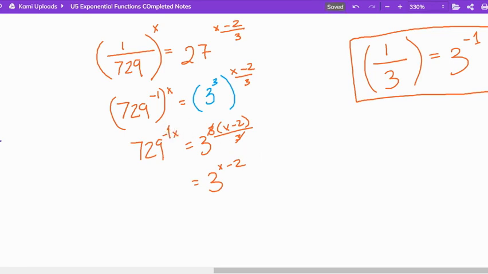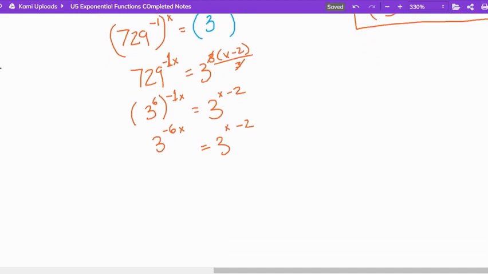Do I need to write the 1 there? No. And then 729 is 3 to the power of 6 times negative 1x. So that's going to be 3 to the power of negative 6x equals 3x minus 2.